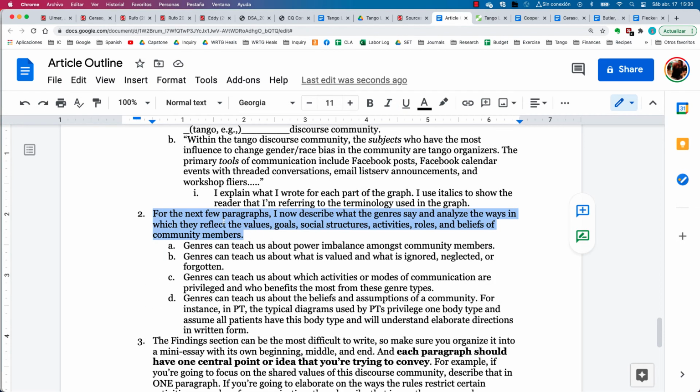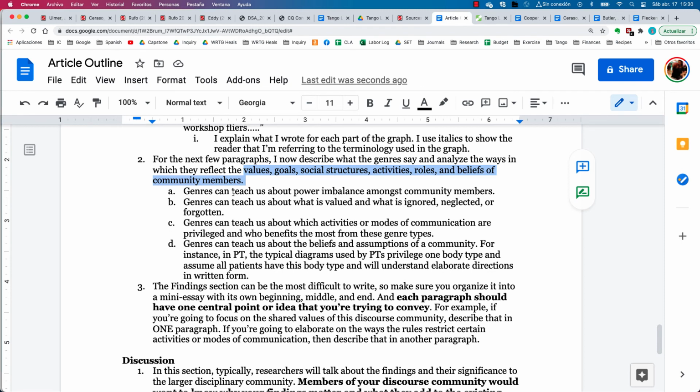For the next few paragraphs, you now want to describe what the genres say and analyze the ways in which they reflect the values, goals, social structures, activities, roles, and beliefs of the community members. So in an activity theory or genre theory analysis, when we're talking about discourse communities, these are the buzzwords that are going to come up. And so here I have a list of things you could think about or talk about, but again, it's not a checklist.